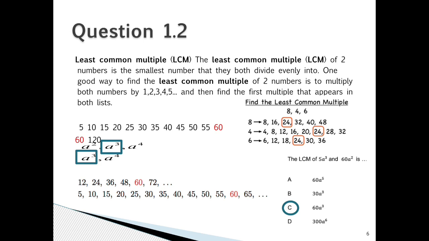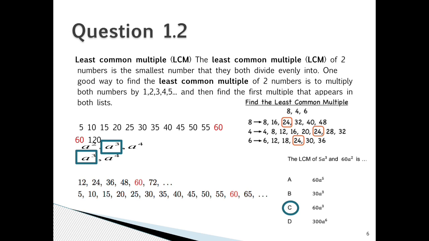One good way to find the least common multiple of two numbers is to multiply both numbers by the numbers 1, 2, 3, 4, 5, and then find the first multiple that appears in both lists. So, if we look at the 5, you can go 5, 10, 15, 20, 25, 30, 35, 40, 45, 50, 55, 60.